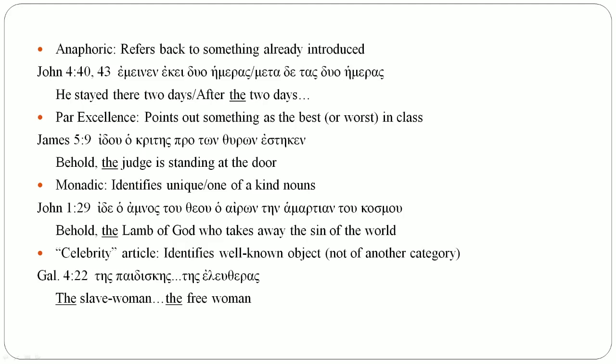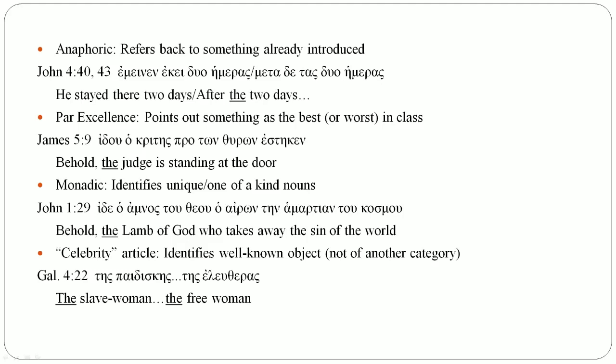And James, the author of the book of James, says this. It says, "Idou hakrites praton thuron estaken." Behold, the judge is standing at the door. This is bad news for all of you who are careless about your wealth and don't care what you're doing to people.